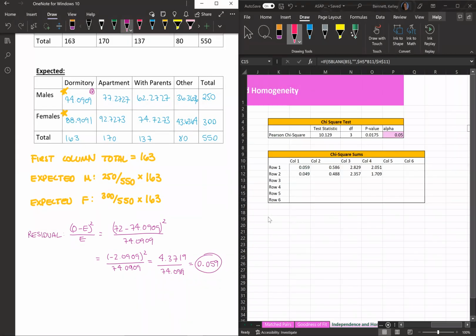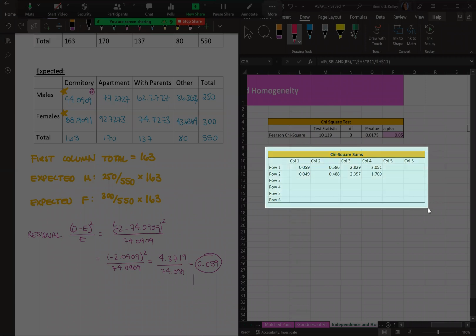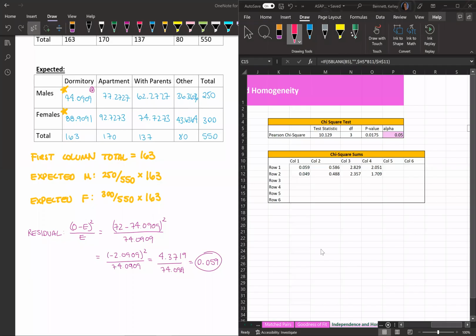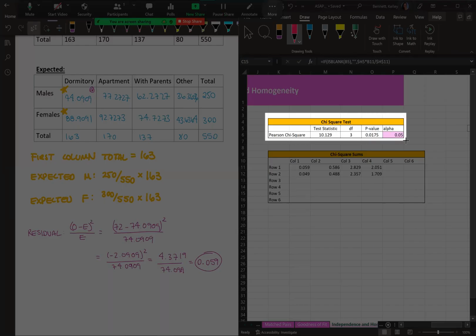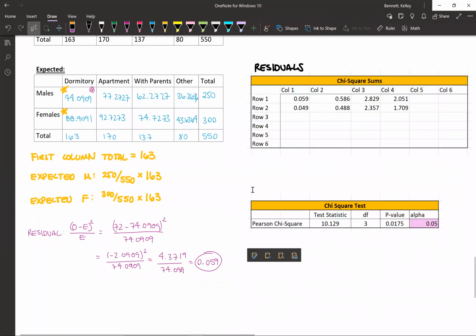And we would need to do it for all 8 positions. In particular, we would get these values here. And the idea is that those residuals would then lead us to our test statistic, 10.129, simply by adding them all up, right?